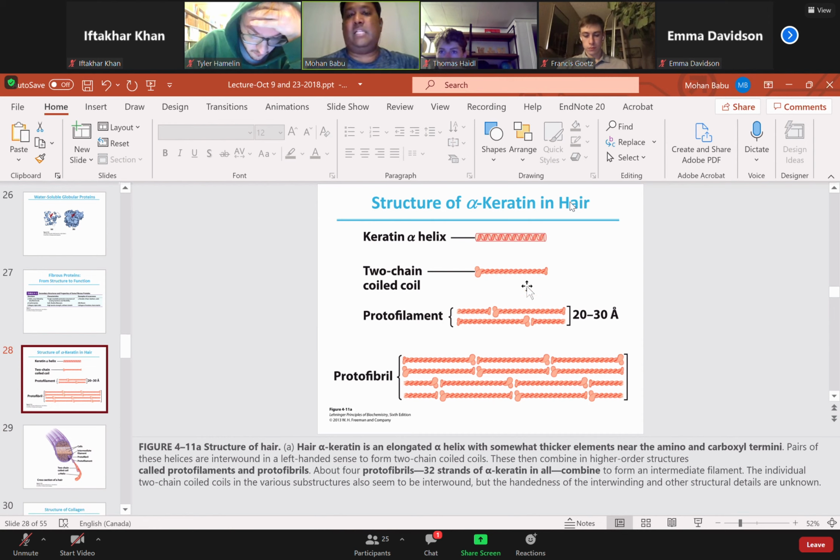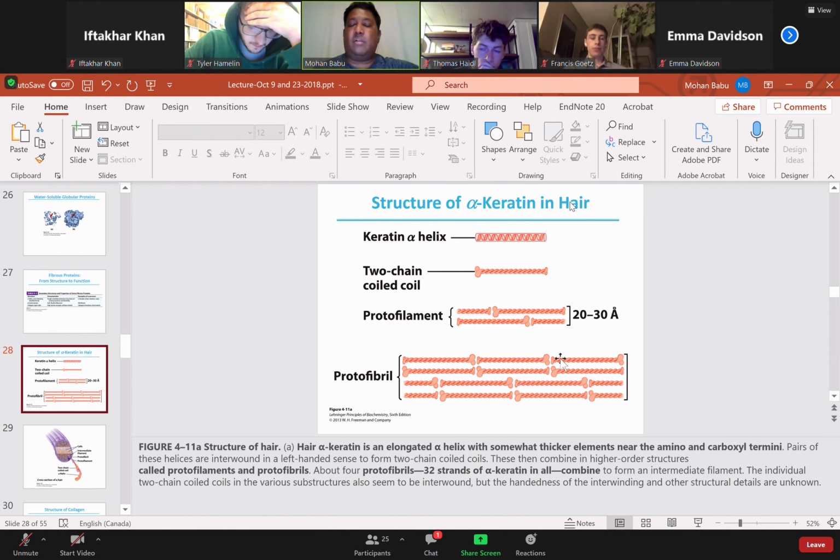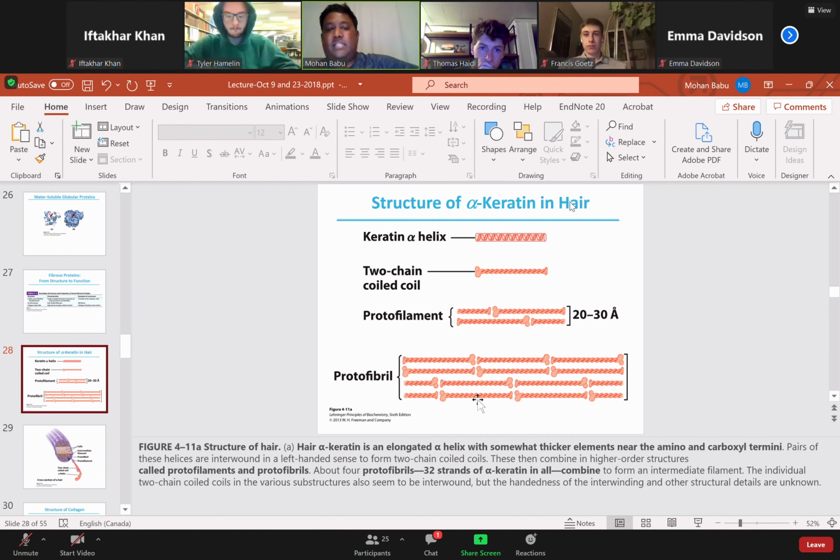The alpha helical structures arranged in higher order structures are called protofilaments or protofibrils. There are about 4 protofibrils. The 32 strands of keratin all combine to form an intermediate filament. These chain coils or substructures are all interwound together.